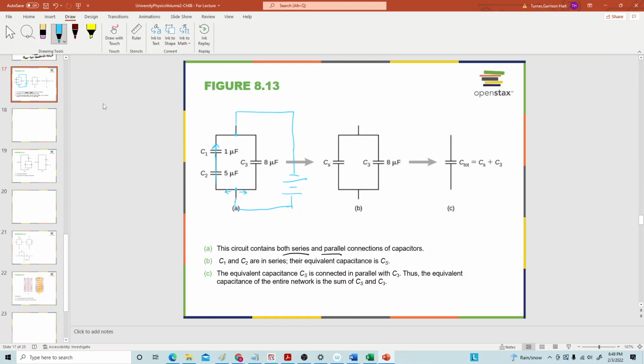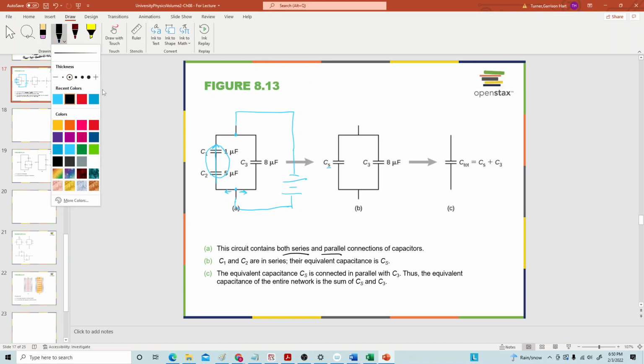At this junction, it can go either direction, but in this part of the wire, there's only one path. And so these 2 capacitors are said to be in series with each other, and that's why this CS is labeled right here for equivalent capacitance in series. And then that equivalent capacitor is in parallel with the third capacitor, or C3. So C1 and C2 are in series with each other.